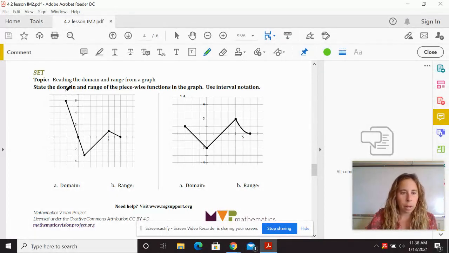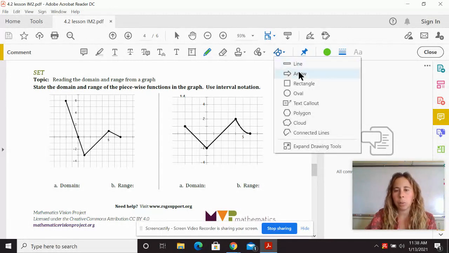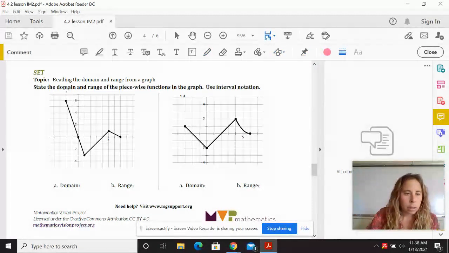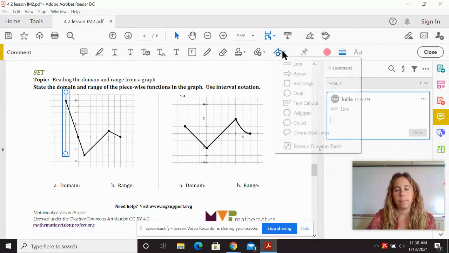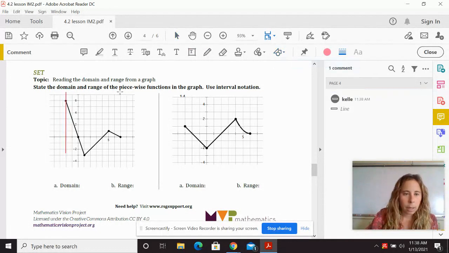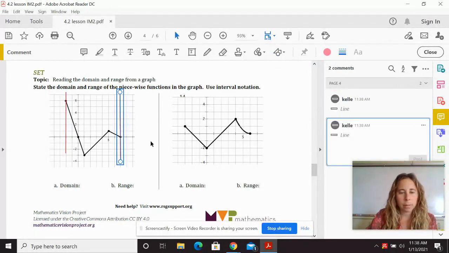So you're going from, actually, let me draw a line. It'll be straighter. So your x values from that x value to this x value. So domain goes left to right.